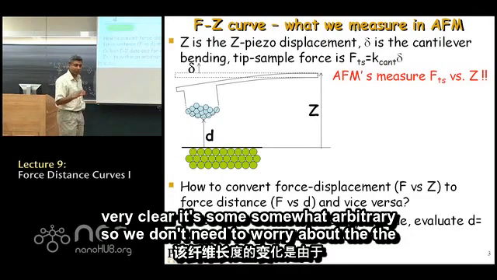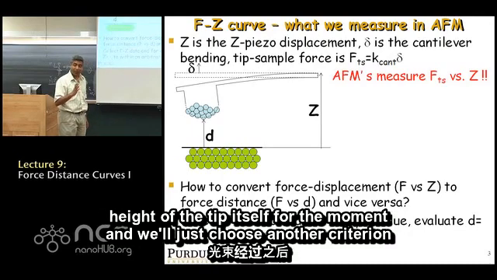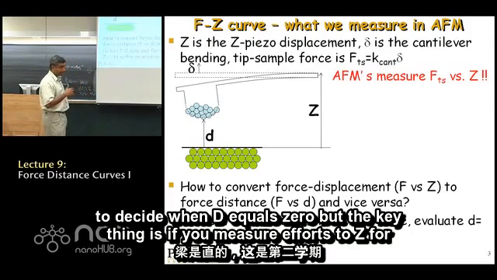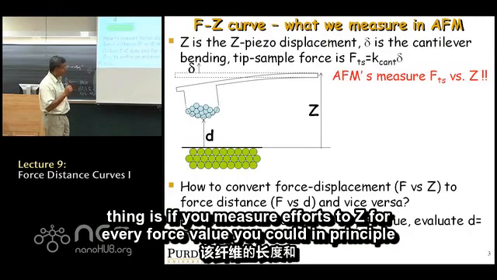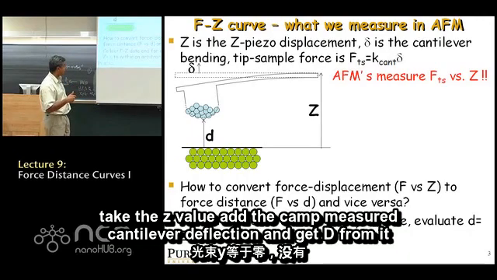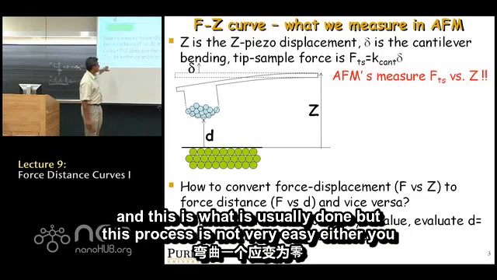So we don't need to worry about the height of the tip itself for the moment. We'll just choose another criterion to decide when D equals 0. But the key thing is, if you measure F versus Z, for every force value, you could, in principle, take the Z value, add the measured cantilever deflection, and get D from it. And this is what is usually done. But this process is not very easy either.